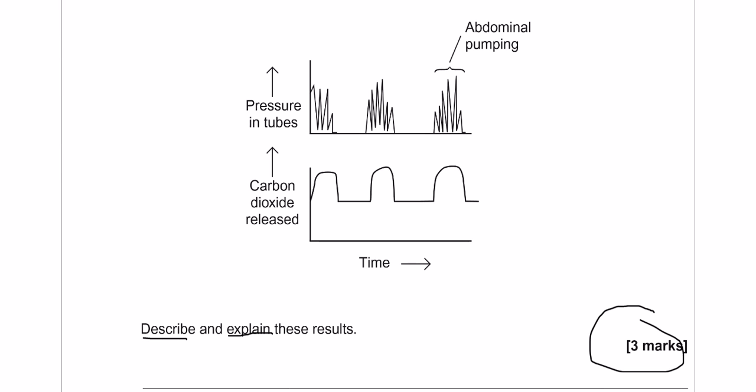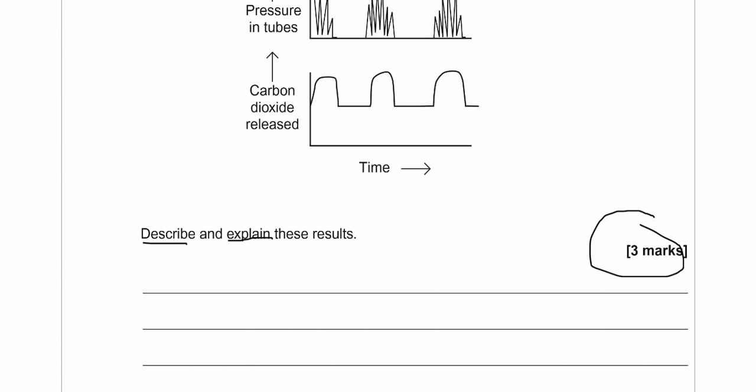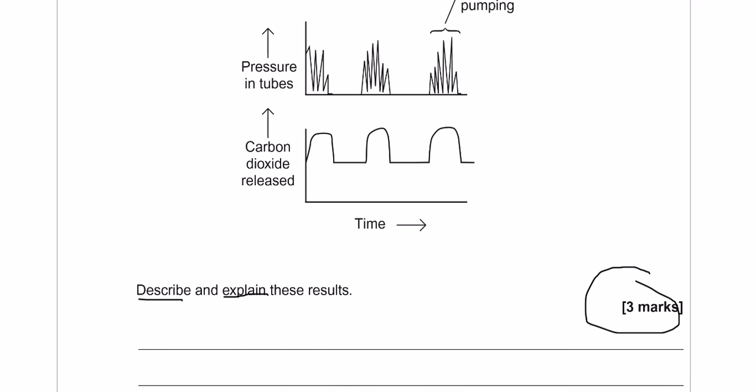For the second answer, you've got to explain it. Well, the pumping raises the pressure in the body, and therefore carbon dioxide can be moved out, so it can be pushed out of the body, or it moves down a pressure gradient. Okay, so it's not straightforward diffusion because the pressure is actually pushing that carbon dioxide out of the body.